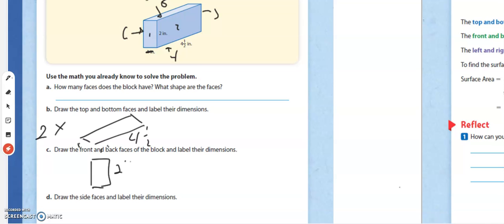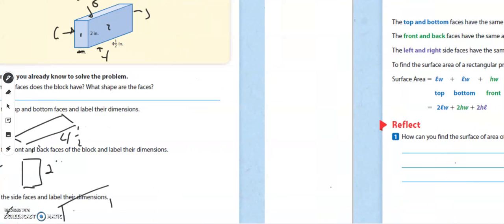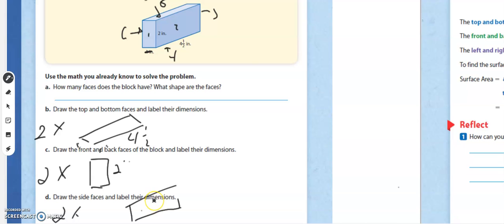Okay, the side faces, and label the dimensions. So it's 4.5 by 2 inches. So there are 2 sides, 2 of those. In this case, we've got 2 inches and 4.5 inches.